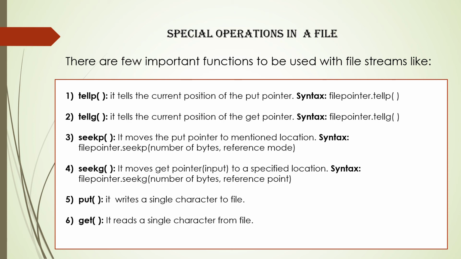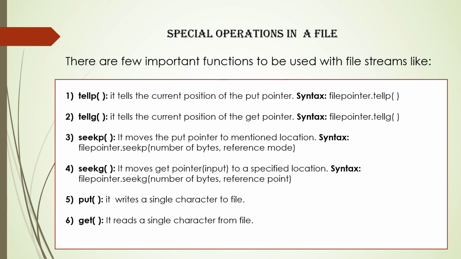It tells the current position of the get pointer, and the syntax is file pointer dot tellg. Third is the seekp function. It moves the put pointer to the specified location, and the syntax is file pointer dot seekp, and it takes 2 arguments. First is the number of bytes and second is the reference mode.